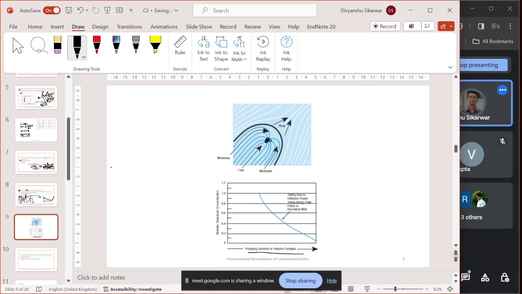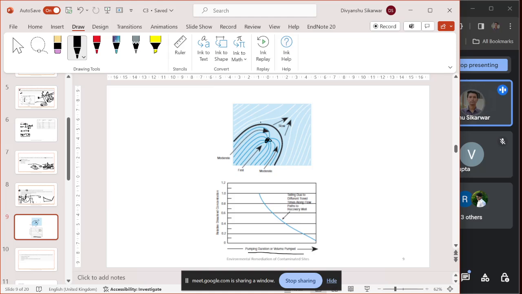The major reason for the tailing effect is that near the well, the velocity of the contaminant, the flow near the well, is very high because the suction force experienced by the particles near it is high. On the contrary, the boundary of the capture zone does not experience that much attraction toward the well we have drawn.